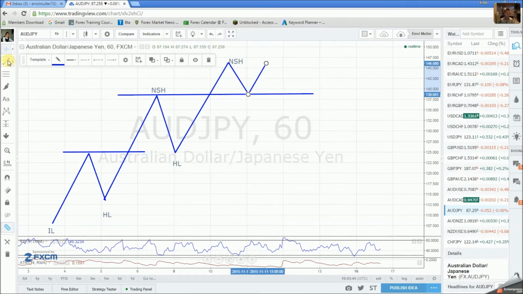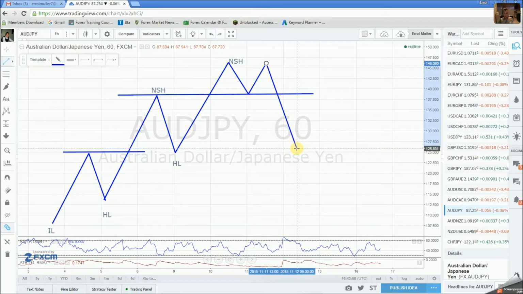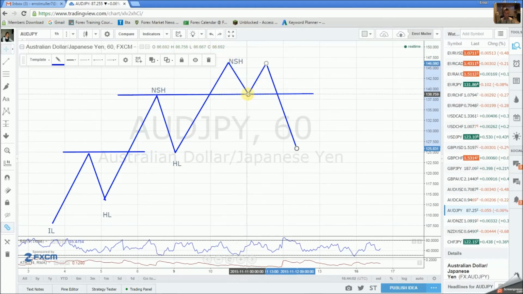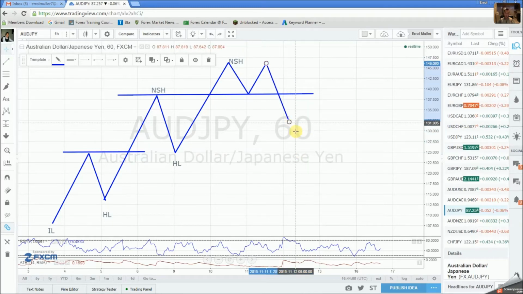That's our double top, and the market decides to move into a bearish direction, and we get something that looks like this. So now what do we call this? As you guys can see, this was a new structure high, because this high is higher than this high. That's why we call it a new structure high. We got a retracement, we managed to get a double top, and the market decided to roll over on us.